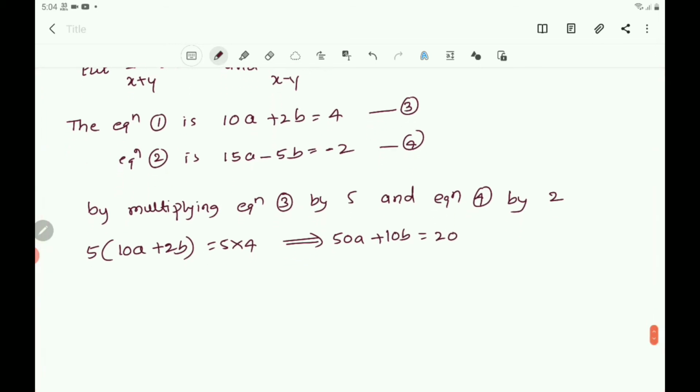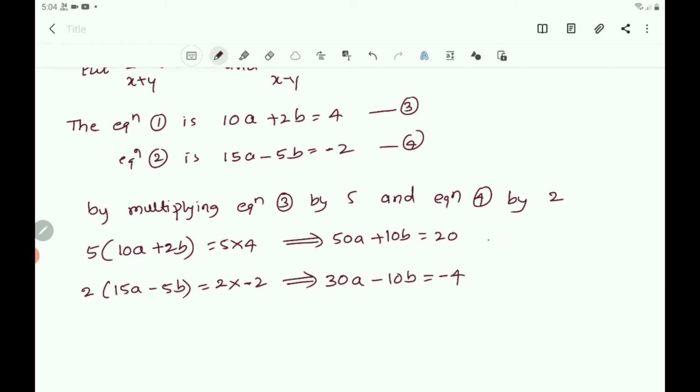Next, the fourth equation becomes 2 into 15a minus 5b equals 2 into minus 2. That becomes 2 fifteens are 30a minus 2 fives are 10b equals minus 4.